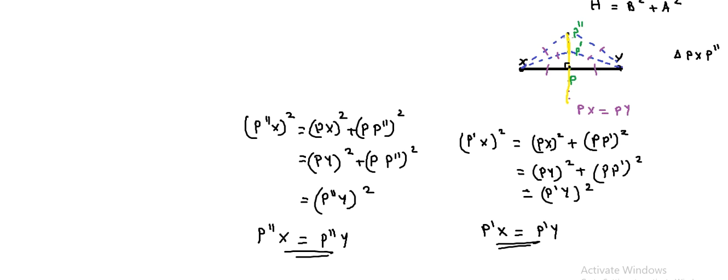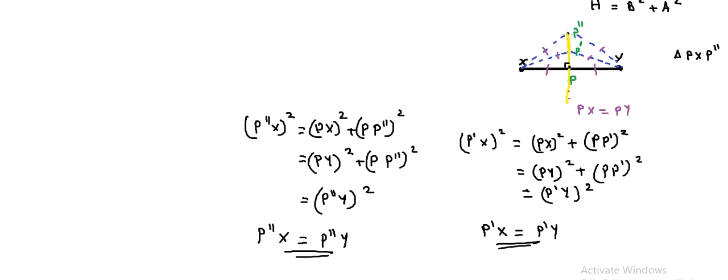So here the path along which the point P moves is this yellow line, which is a perpendicular line drawn through the midpoint. If a perpendicular line divides a line segment into two equal parts, then that perpendicular line is called the perpendicular bisector. So this yellow line is the perpendicular bisector of the line segment XY.